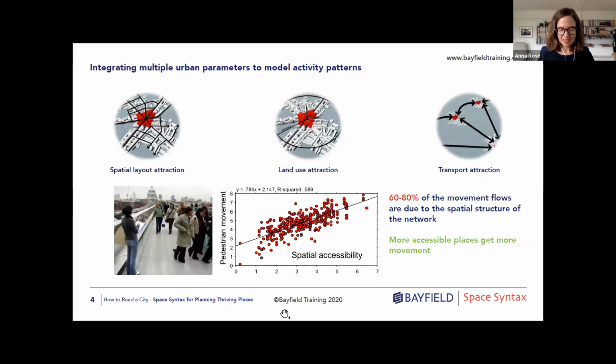And the interesting thing is that we looked at cities like San Francisco or Seattle, and we still find these strong relationships between the spatial layout and pedestrian movement. And what you find typically in cities like that, when you have, let's say, one of the primary routes going up the hill, that tends to have at some point the introduction of a tram or something to overcome that cost to movement.